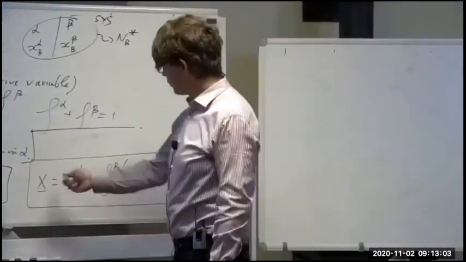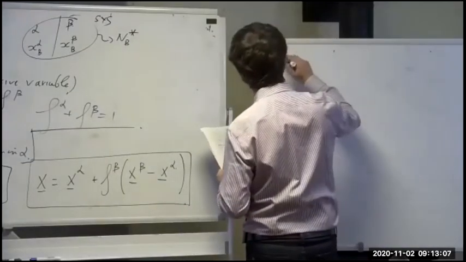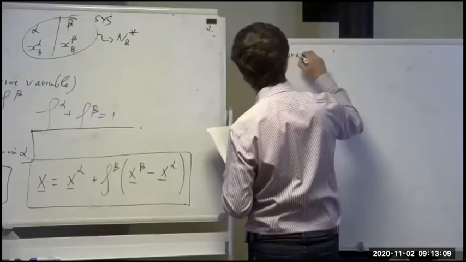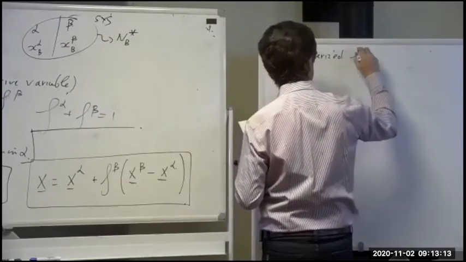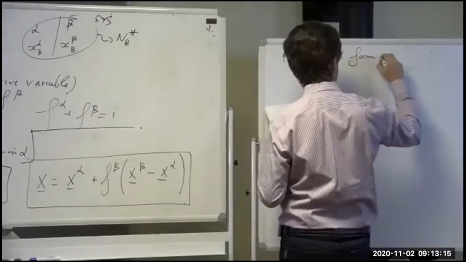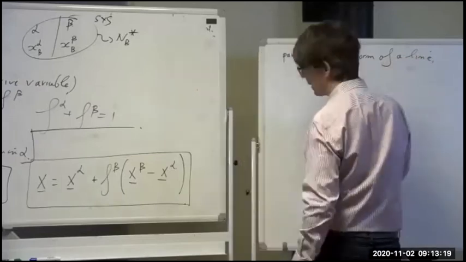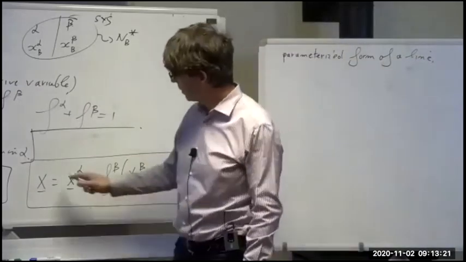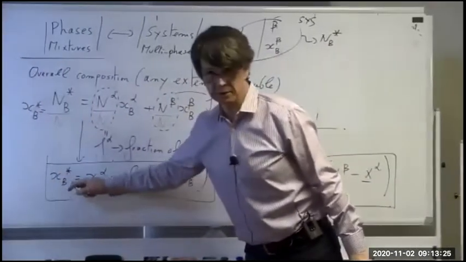And if you put these two things together, this is the parameterized form of a straight line. What I'm really saying is that this here has to relate linearly to this.